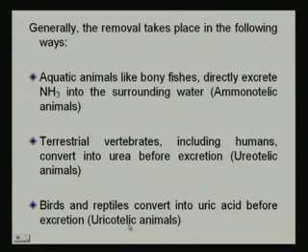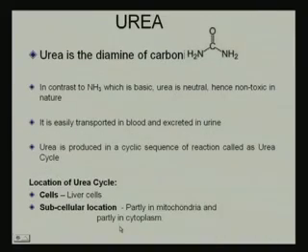In the case of birds and reptiles, they convert ammonia to uric acid before excretion, and that group of animals is called uricotelic animals. So, these are the different variations.